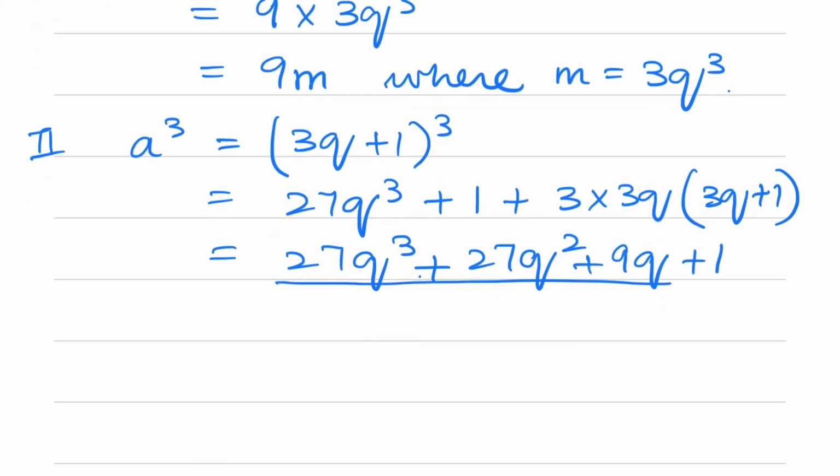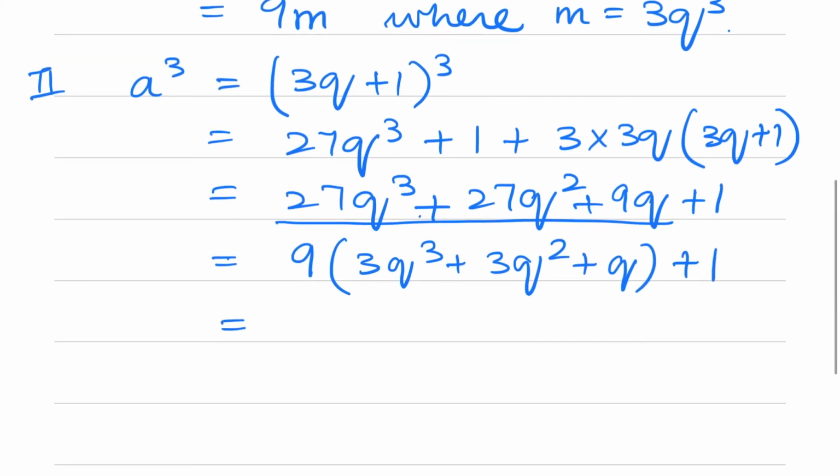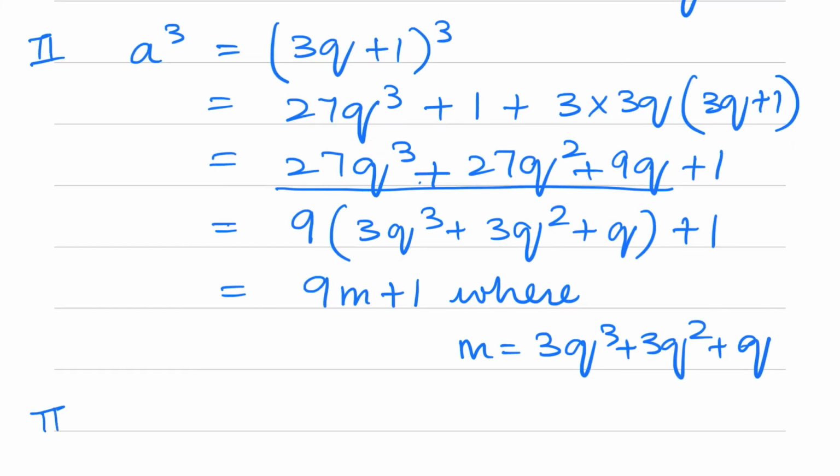Now in these three terms I have 9 common, so I can write 9 into 3q cube plus 3q square plus q, and plus 1. So this can be written as 9m plus 1, where m is equal to 3q cube plus 3q square plus q.